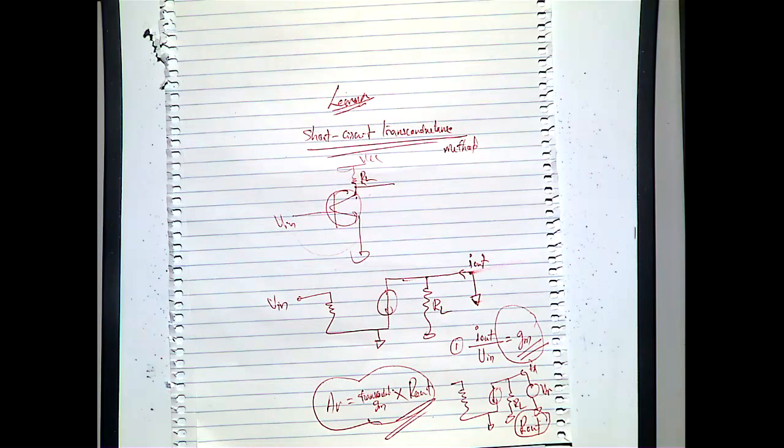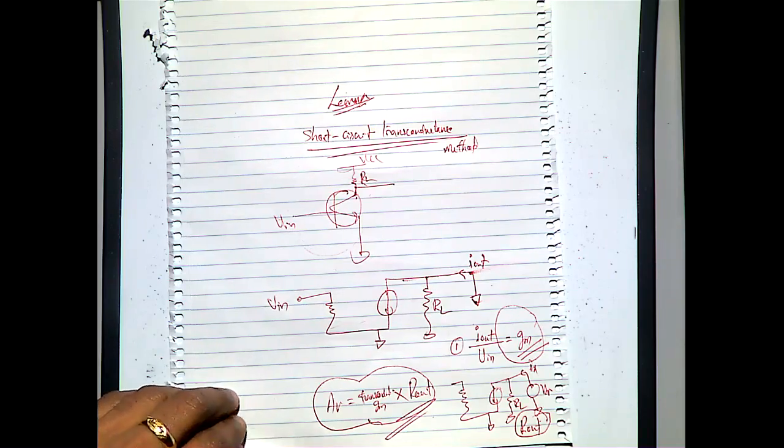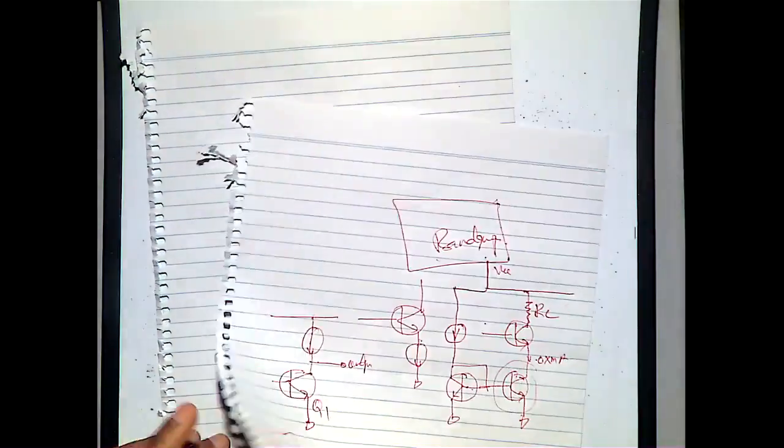Some students like this method, some students like just finding the gain directly from the circuit. Then what is the relevance of short circuit transconductance? Why are people doing this? An example is the following. Short circuit transconductance makes it easy to solve the circuit when you have so many transistors.